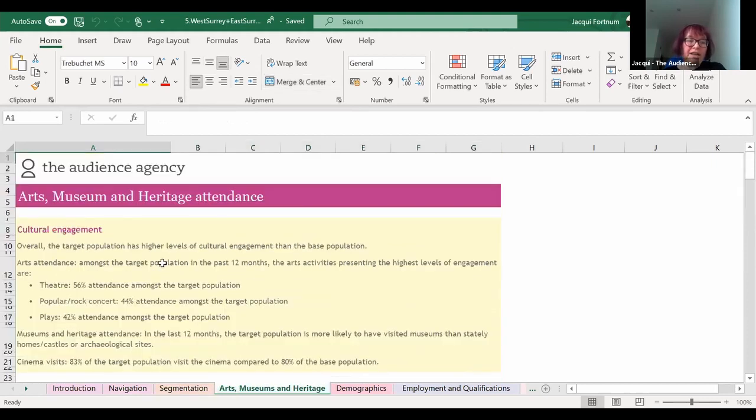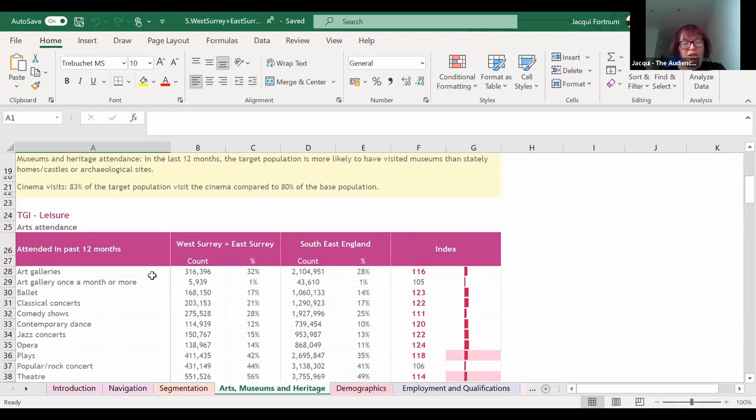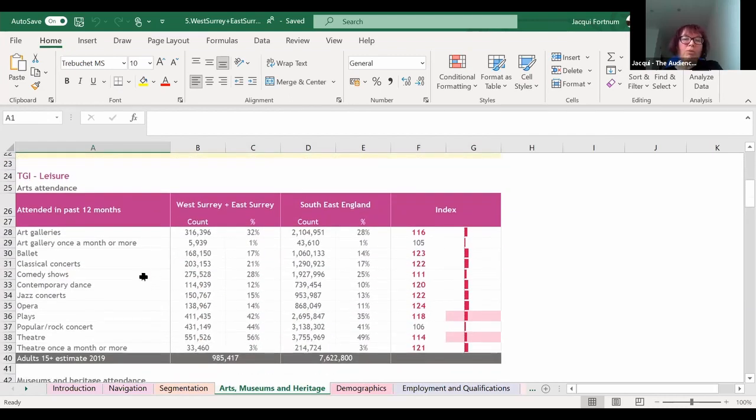The next set of data is around what people say they've been doing in terms of their engagement. And what I would say is that because it is a personal view and it relies on people's recollection and their own thoughts about their level of engagement, it does sometimes look a little bit more optimistic than is perhaps the reality on the ground, but it's still a useful data set.